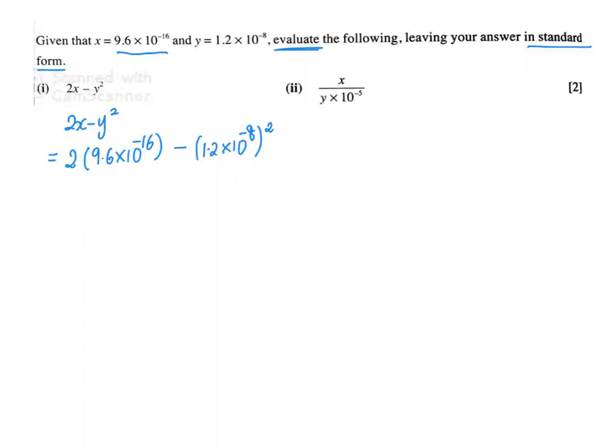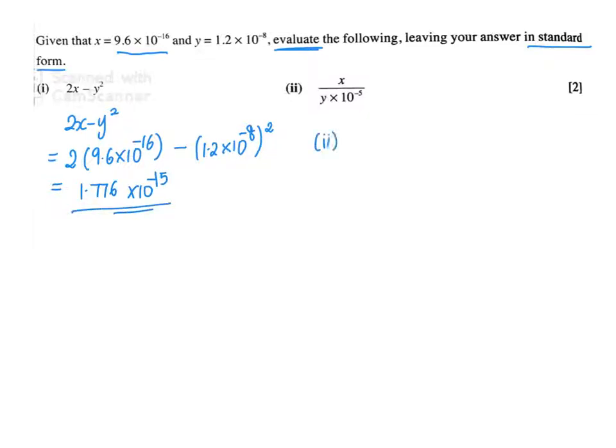There are two methods. Number one, use the scientific mode in your calculator to get the answer in standard form directly, or you can use the normal mode and then convert the answer to standard form. So let me calculate this value. My calculator gives me the answer 1.776 times 10 to the power negative 15, where I get it in standard form directly.